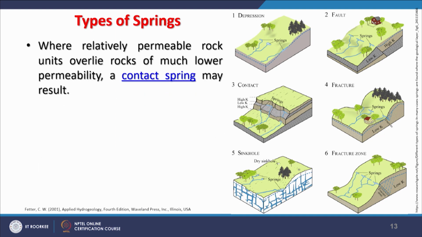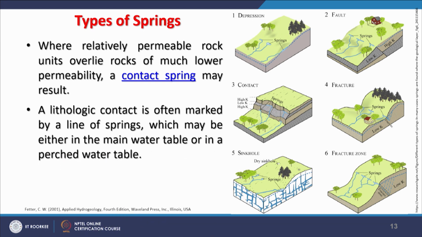Now, some other types of springs, like contact springs, where relatively permeable rock units overlie rocks of much lower permeability, a contact spring may result like here. So, if there is a lot of difference between the permeability of different layers, especially in a sedimentary rock setup, you may find a spring like this.